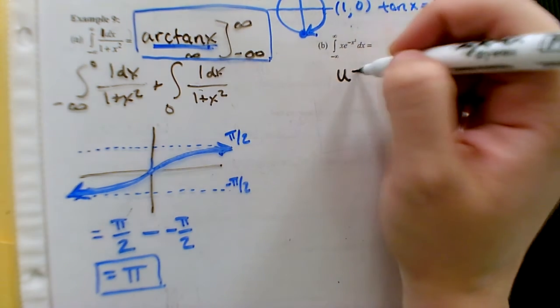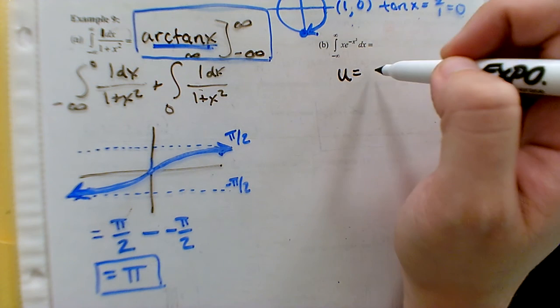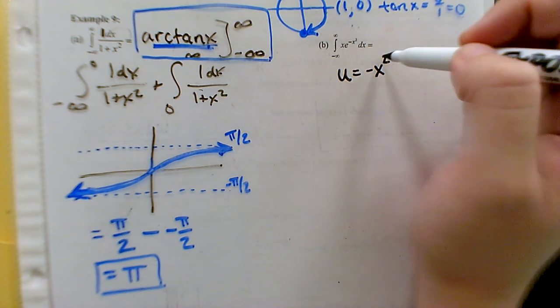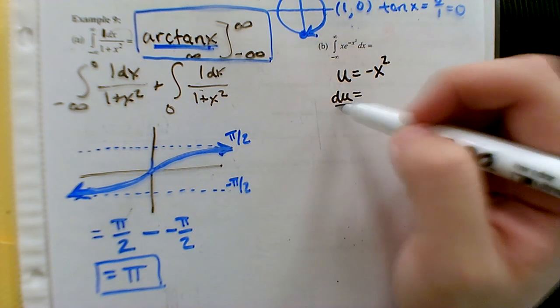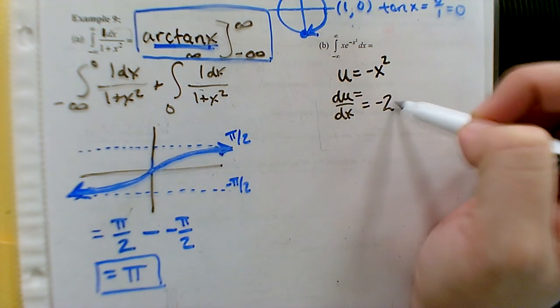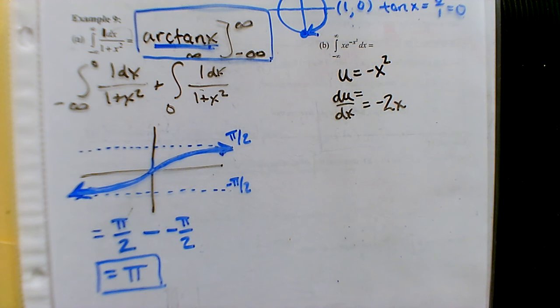Let's do u sub. What do you want to let u be? It's a good recommendation. I mean, we only have so many techniques, right? Reverse power rule, u sub, by parts, or partial fractions. We can let u be the power.